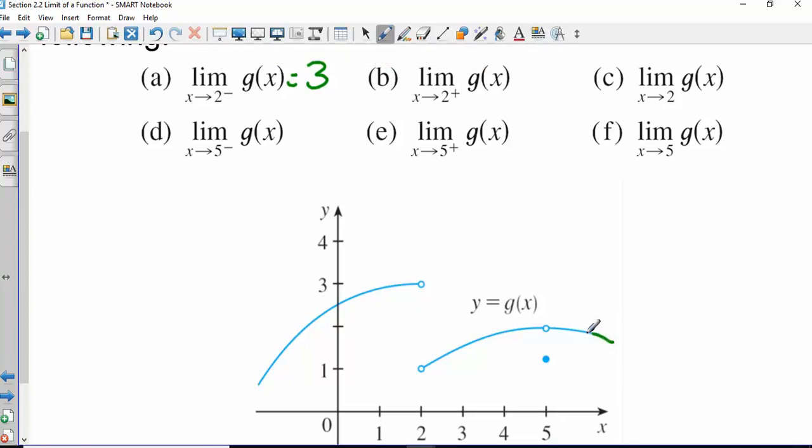As we approach 2 from the right, coming in from the positive side, getting closer to 2, what y value do we get close to? 1. So, what's the two-sided limit if I do left and right at the same time? It does not exist. These numbers aren't the same, so the two-sided does not exist.